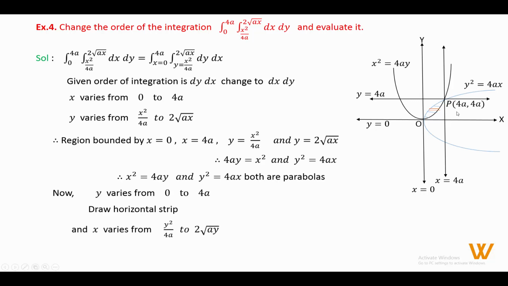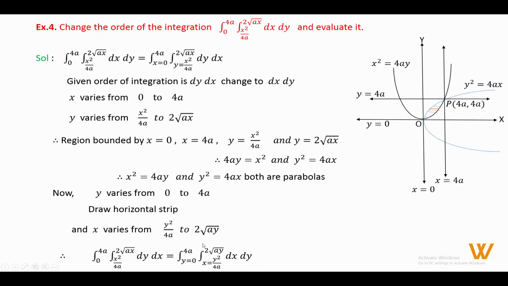Therefore x varies from y square by 4a to 2 root ay, and therefore the given integration, limit 0 to 4a, integration limit x square by 4a to 2 root ax dy dx, is equal to integration limit y varies from 0 to 4a, integration x varies from y square by 4a to 2 root ay, dx dy. This is the change of the order of integration.